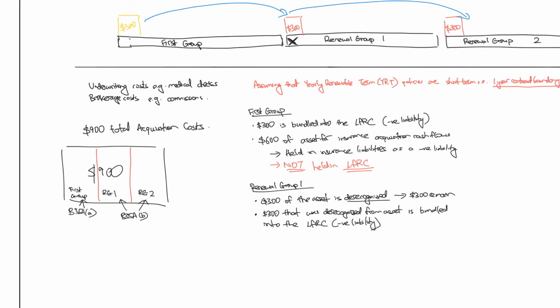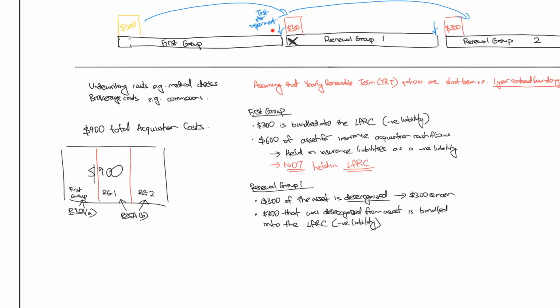And as we move from the first group to renewal group 1 to renewal group 2, what you need to do is at the end of each reporting period, before the start of the next group, we need to test for impairment. Okay, so basically we're saying, is this impaired? Because this allocation is saying we expect to recover this from the inflows in renewal group 1. And if we don't think this is recoverable from the inflows, then it means that this is a cost that we've paid right at the start, and this is no longer viable.